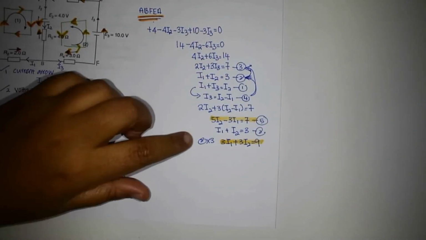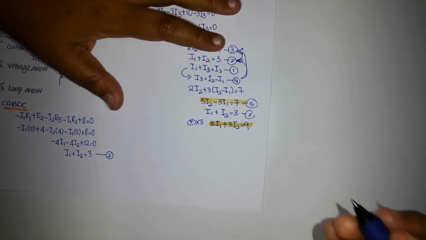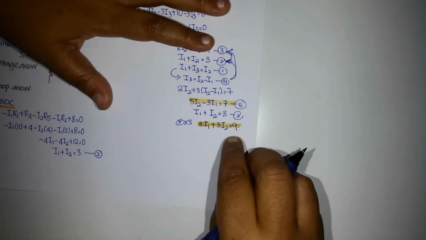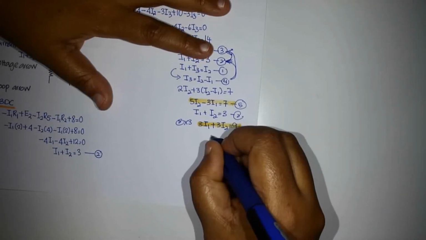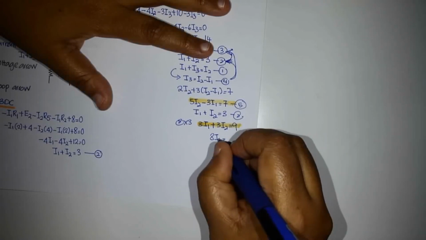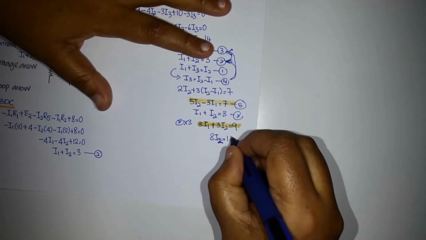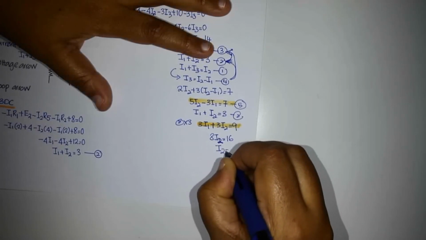Negative 3I1 plus 3I1 is gone, right? So 5I2 plus 3I2 is 8I2. Okay, I2, not I1, I2. So 7 plus 9 is 16. So I2 is 2 ampere.